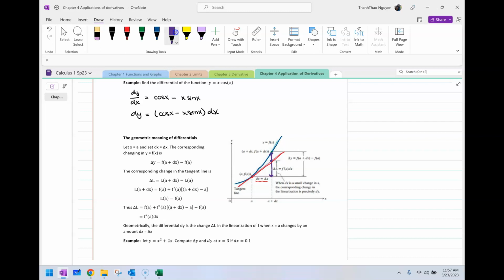Then the corresponding change in the tangent line, delta L, is equal to L of a plus dx minus L of a.